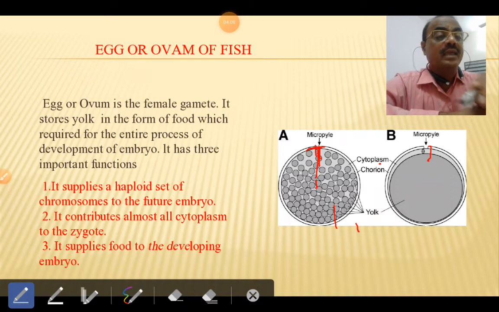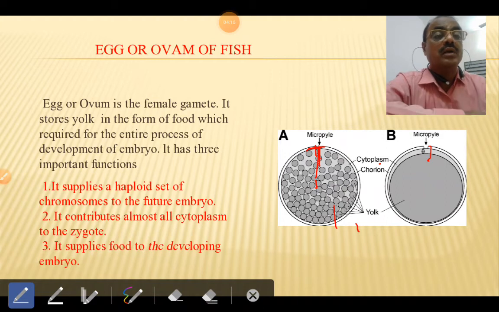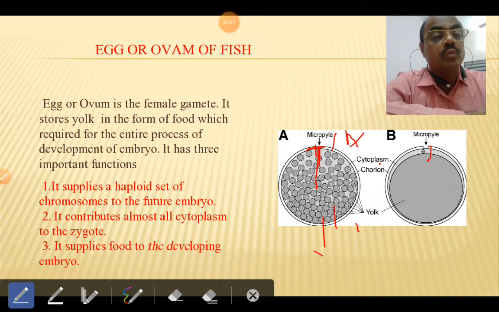Again, one thing that we would like to clear: in the egg there are two poles. One pole is called the animal pole and the other is called the vegetal pole.